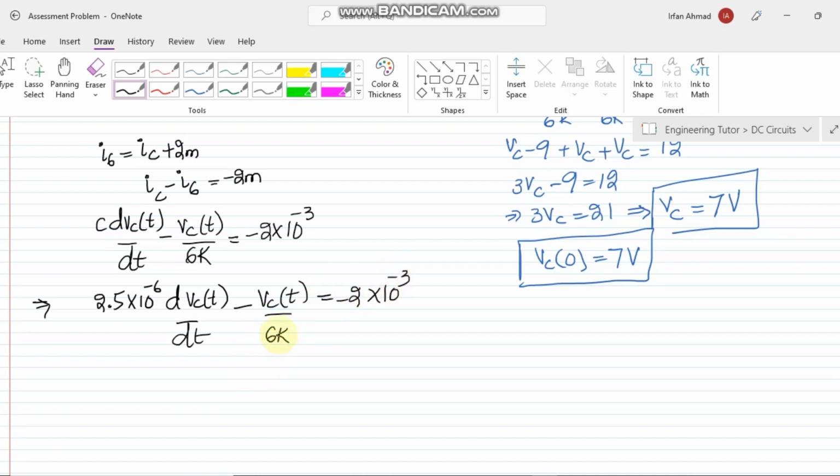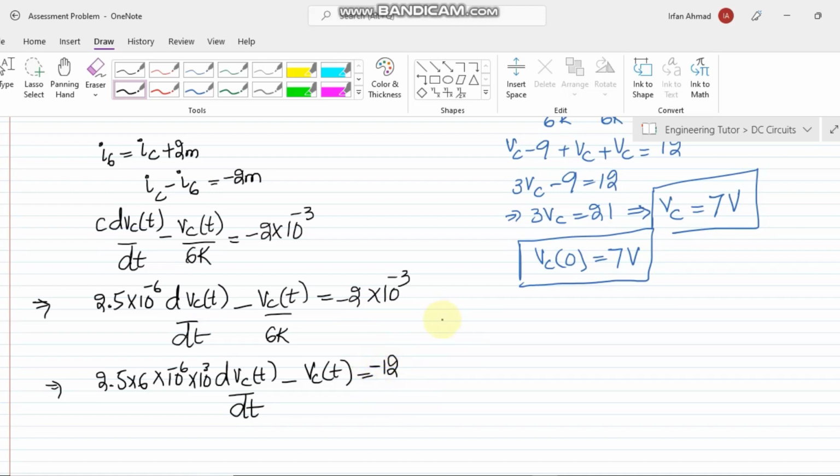Now multiplying both sides by 6k, what I will get here: 2.5 multiplied by 6 multiplied by 10 raised to power minus 6 multiplied by 10 raised to power 3, that is because of kilo here, and dVC(t) divided by dt minus, this 6k will be cancelled out with the multiplied term, so here I will get VC(t), and here when I multiply this 2 with the 6 I will get minus 12.